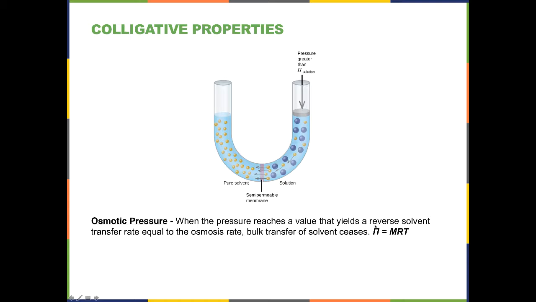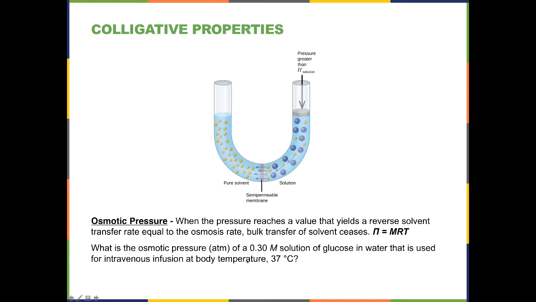And this can be calculated: the osmotic pressure is equal to the molarity, which is capital M, times the gas constant times the temperature in Kelvin. Molarity, you'll remember, is the moles of the substance per liter of solution.